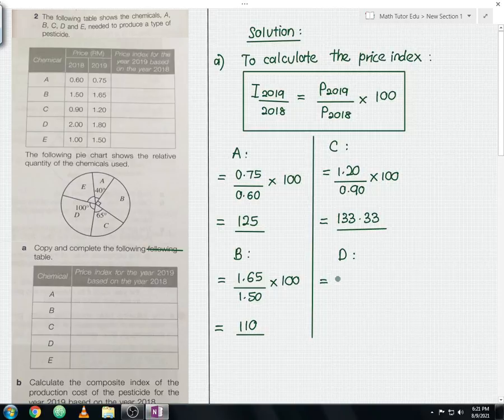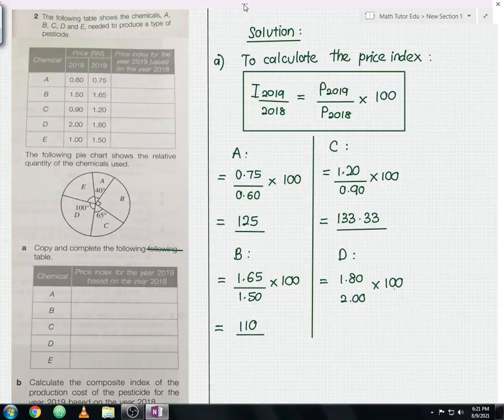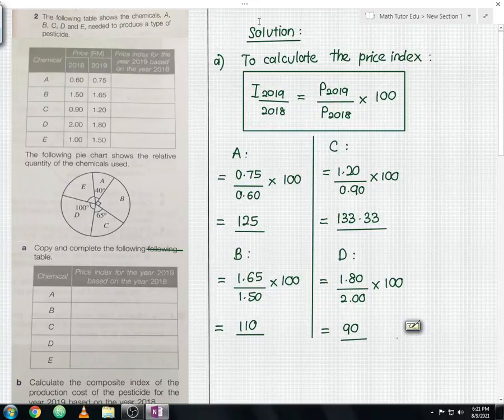From here, 1.80 divided by 2.00 and you times 100. You calculate this, and you get your price index for chemical D equal to 90. Let me underline this, and let me make another line here.